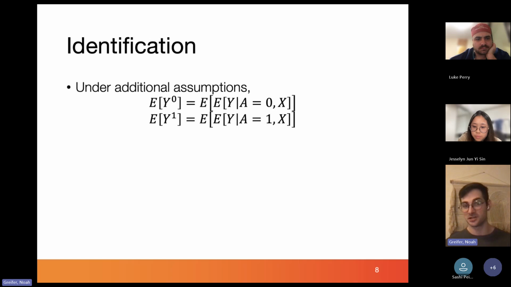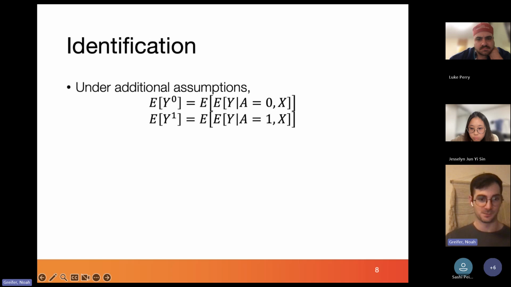There are other assumptions that we can use to still estimate our expected potential outcomes from the observed data. And these other assumptions rely on a new variable, X. This is a complicated statement, but what this is saying is that under these additional assumptions, which I'm about to tell you, we can represent the expected potential outcome under control as follows. First, look at this inner expectation.